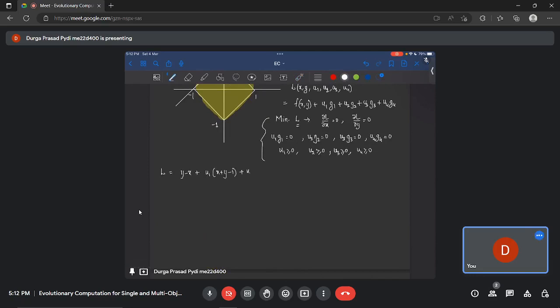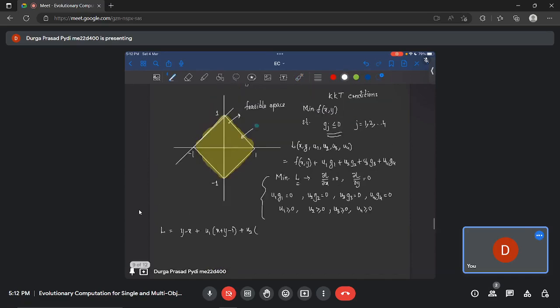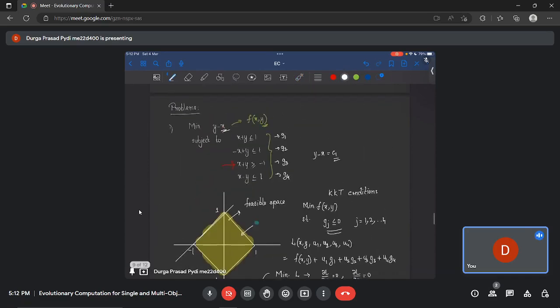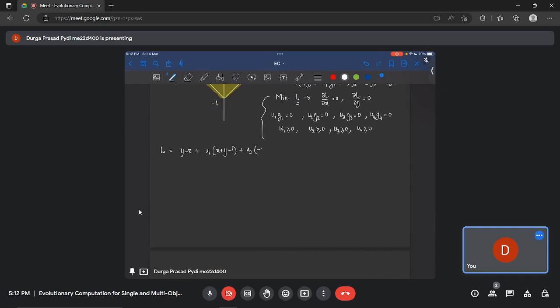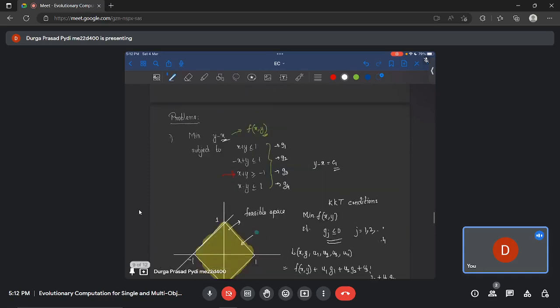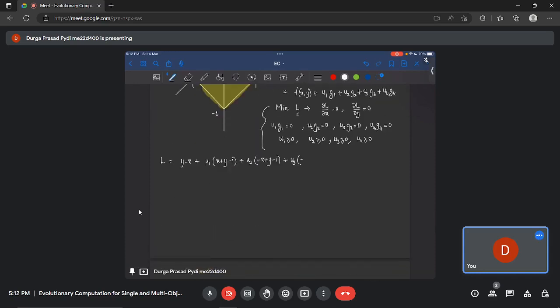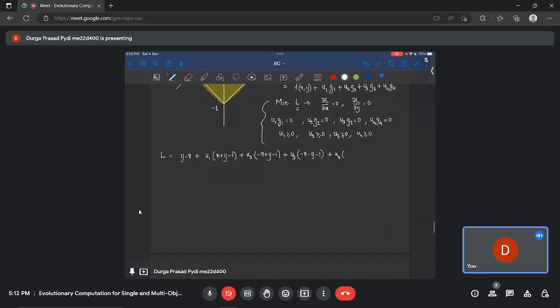Similarly, u2 times g2 is minus x plus y minus 1, plus u3 times minus x minus y minus 1, plus u4 times the last one, x minus y minus 1. So this is my L function.